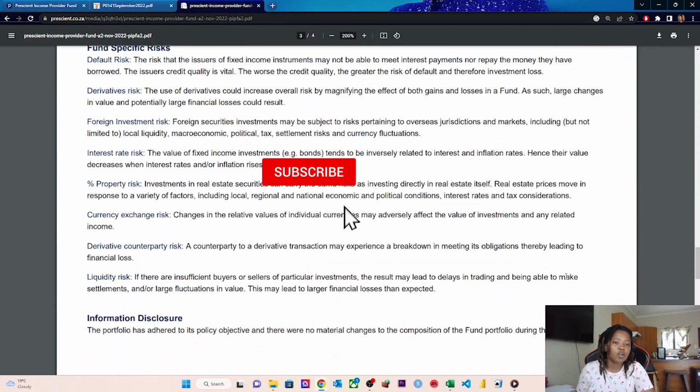And then you've also got foreign investment risk, which is foreign securities investments may be subject to risk pertaining to overseas jurisdictions and markets, including but not limited to local liquidity. So that could be a foreign exchange, macroeconomic, political, tax, settlement risks, and currency fluctuations. This is also why you'll see that they spoke in the commentary about what's happening in America.